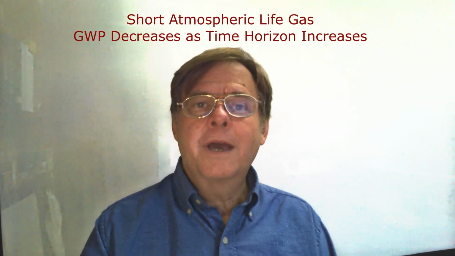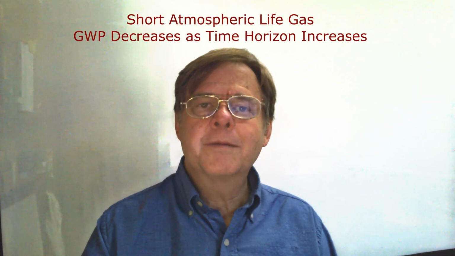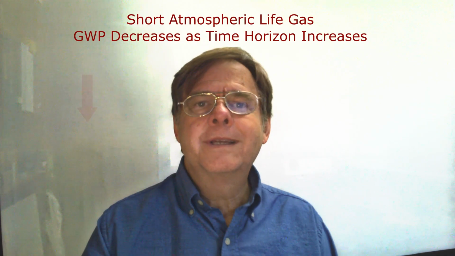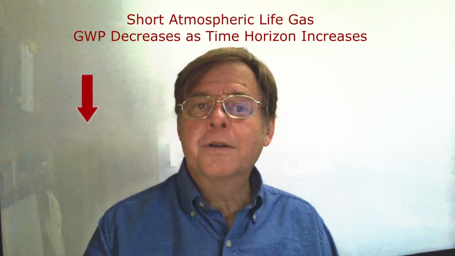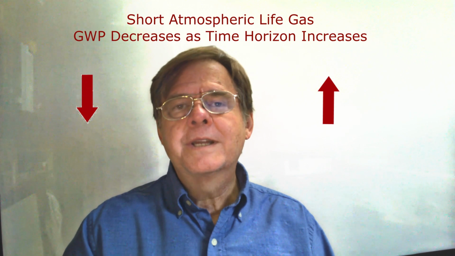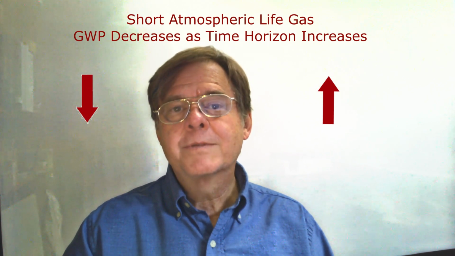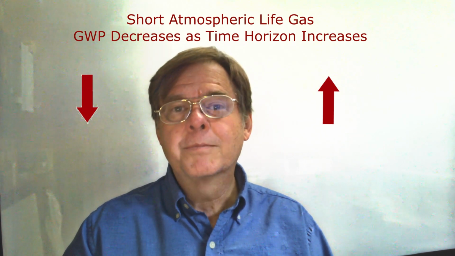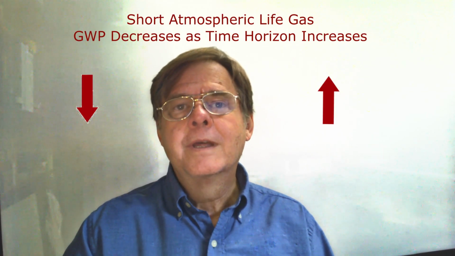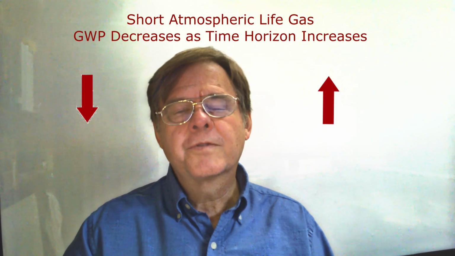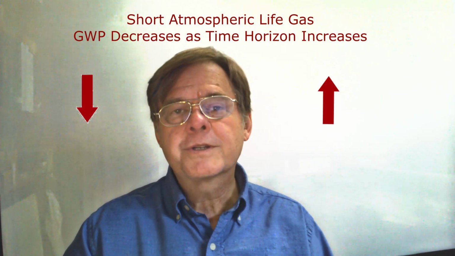GWP calculations are done over a specific period of time, the most frequent being 100 years. But calculations of 20 years and 50 years are also pretty common. The GWP calculation for a gas with a short atmospheric life will decrease as the timeline that it's calculated over increases. Since the carbon dioxide content of the atmosphere remains relatively stable year in and year out, the radiative forcing from the carbon dioxide also remains pretty stable.